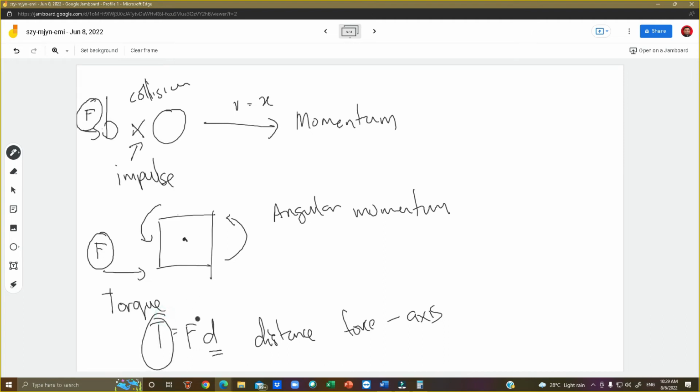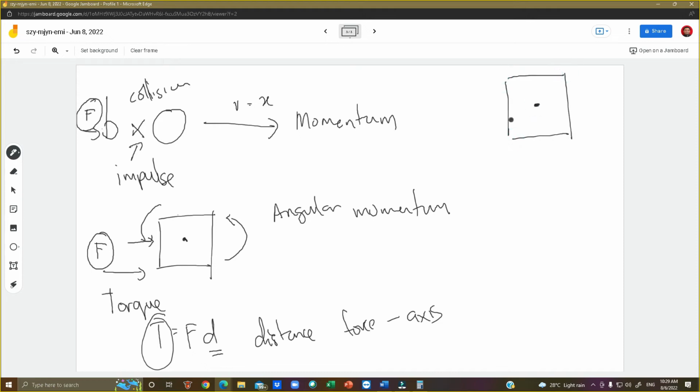Torque is a force given to an object where it is not directly at the axis of rotation. If a force is given like this, no rotation is going to occur. But when force is given perpendicular to the axis, it will cause rotation. So what is the distance? Alright, let's say we have an object like this.